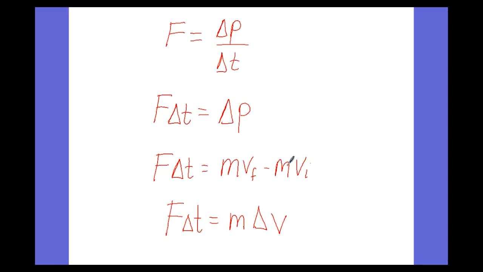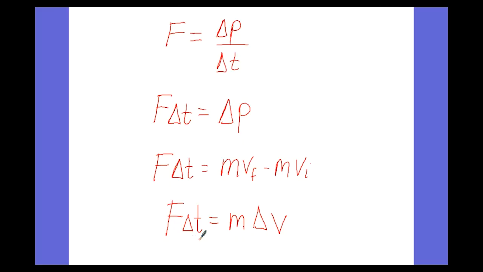The mass is not changing, so we can factor that out, and we can just call this mass times change in velocity. So we see here that a change in momentum, if we assume the change in the momentum for any situation is a given, this right side of the equation will stay constant. But what can be different in different situations is the amount of force and the time interval over which that force acts.